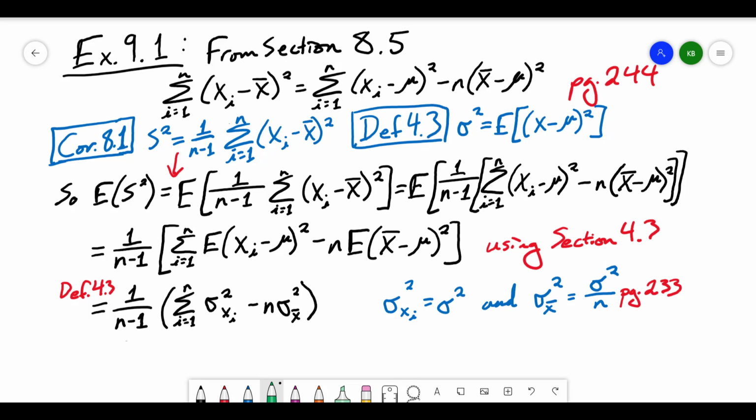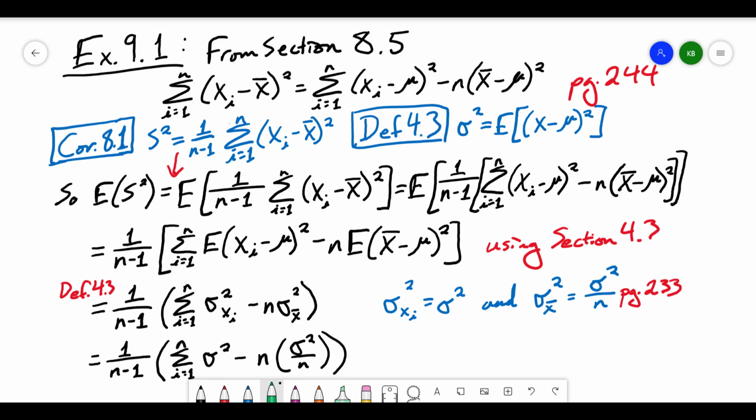Now, a couple of things to note. The variance of the xi equals the population variance, and the variance of the mean is that population variance divided by n. You can see this on page 233 if you want to dig into that a little bit further.